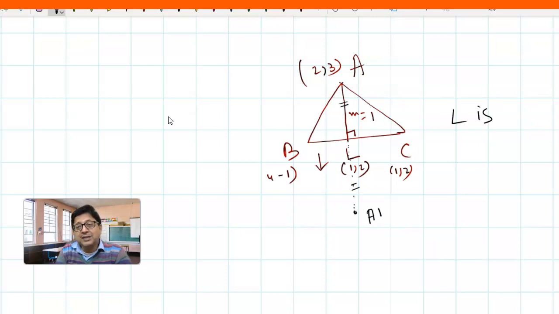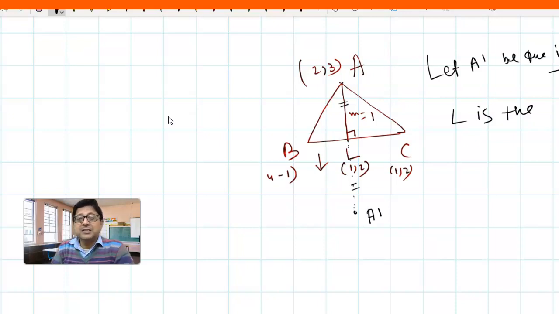Let A dash be the image. Since L is the midpoint, it has to be the midpoint. A little bit of the sense of image I am using here. L is the midpoint of A A dash.